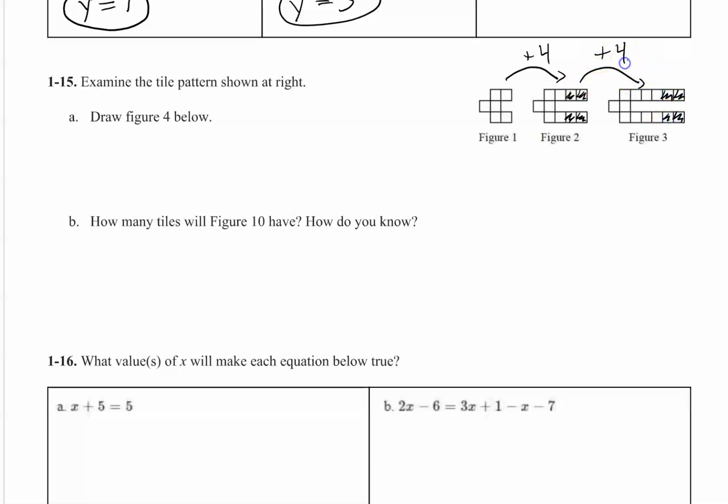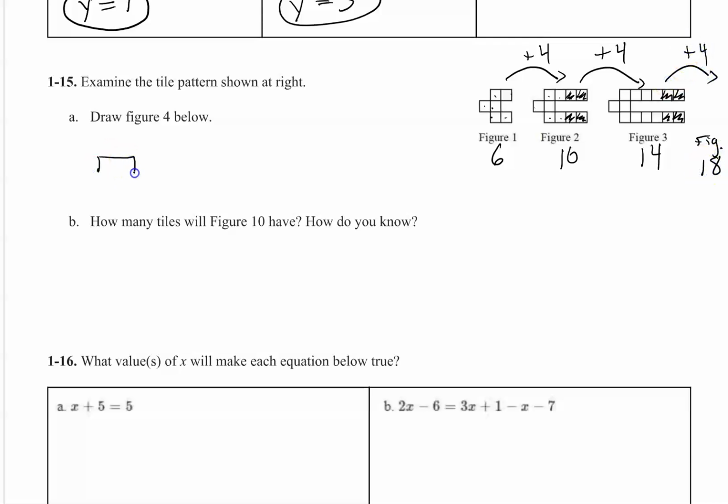So we're adding on 4. So that's the pattern. There's 6 tiles in figure 1, 10 tiles in figure 2, and then if you count up figure 3, that's 14. So if you look into the future, if the pattern continues, it's going to be 4 more tiles for a total of 18.